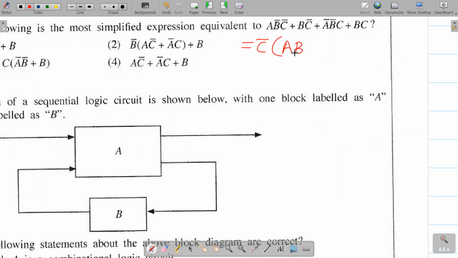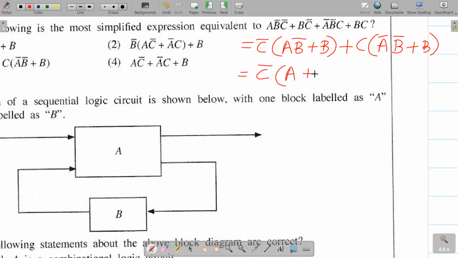So I'm having AB bar plus B plus if I get C out of the last two terms, I'm having A bar B bar plus B. So if I apply redundancy law to here, this will give you A plus B. This can be ignored.